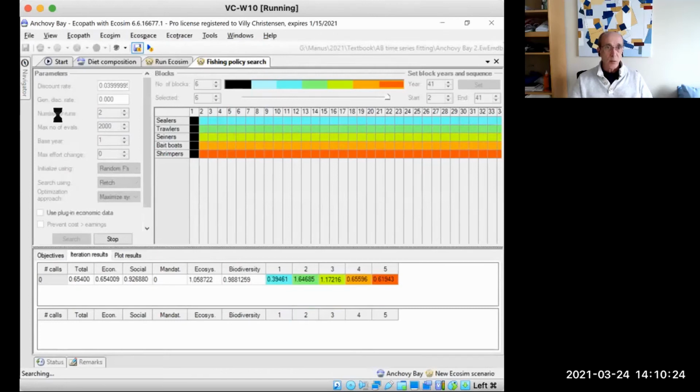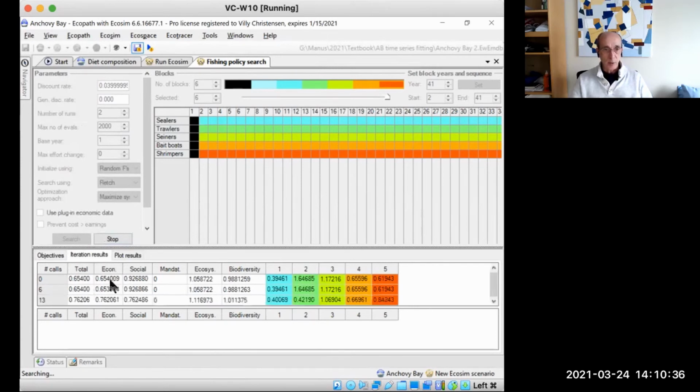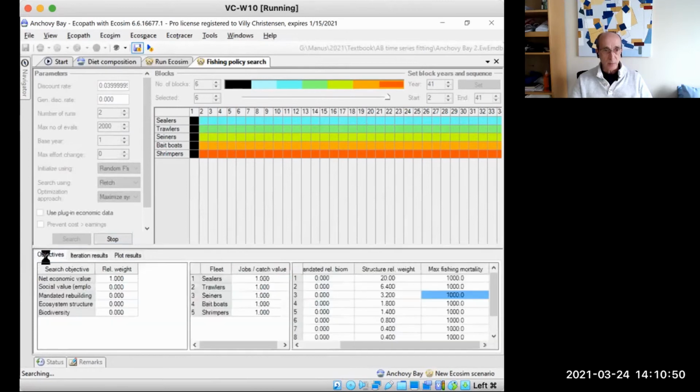So set it up to run two runs, and what it's doing now is calculating the profit. It's calculating all of these measures here, but you can see the total and the economic. The total is what our objective function says, and that's 1 times this value and 0 times this value, 0 times this value, 0 times this value, 0 times that value, because that's how we define the objective, if I can see that.